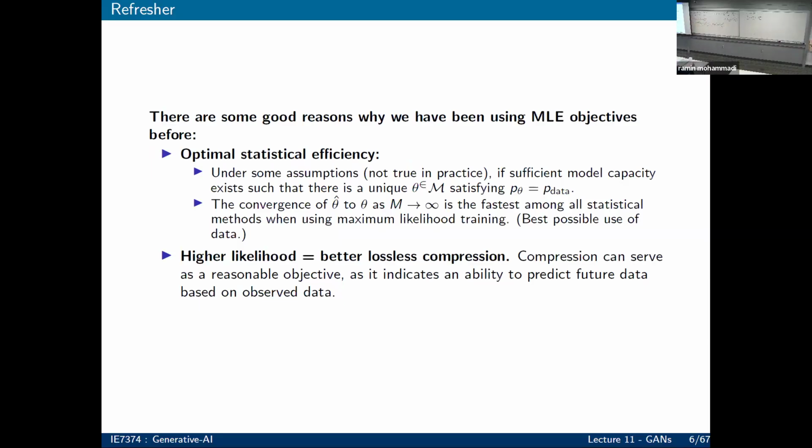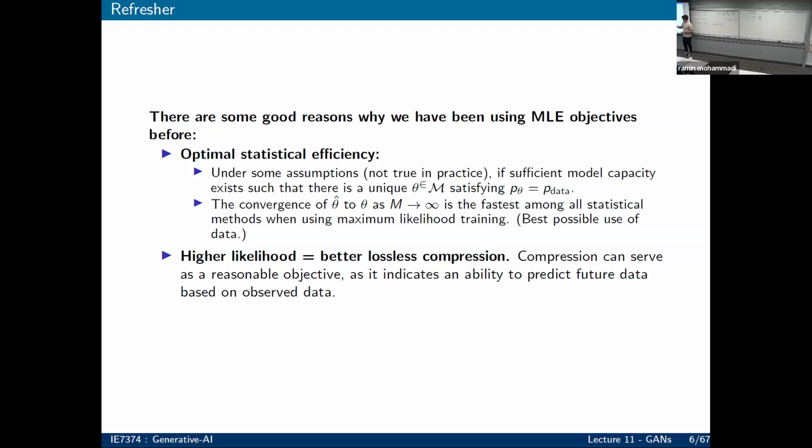Optimal statistical efficiency says that, under a certain scenario, which most of the time is not actually that valid, you could say that with a complex model, a model that is expressive enough, a really good model, if we believe that there is a chance that this model could produce a theta, a set of parameters, such that the probability of theta and data becomes equal, that means a perfect model.